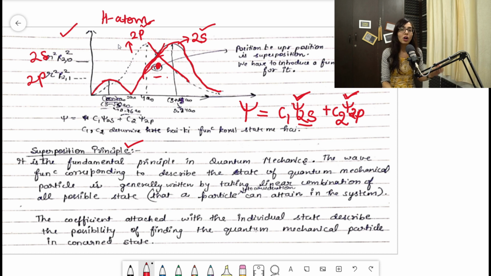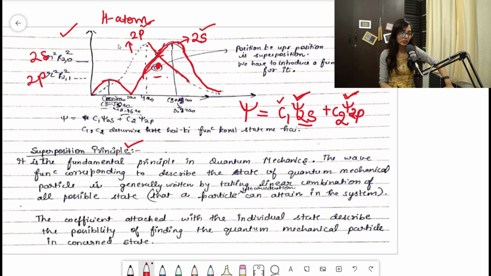So we always talk about the probability of finding the particle. You must have seen many questions where we talk about the probability of finding the particle. We never say what the location of the particle is, because that we can't find. So the probability of finding the particle in this 2s state will be defined by C1.